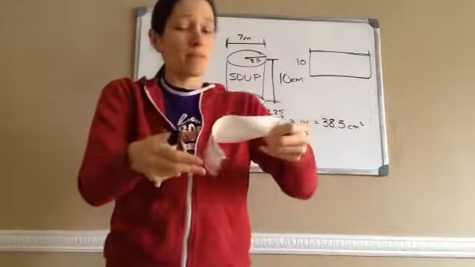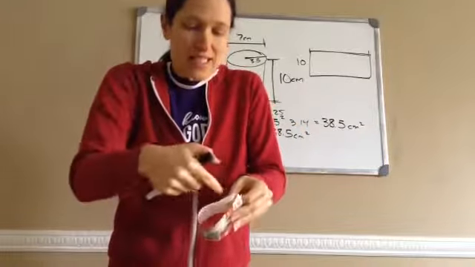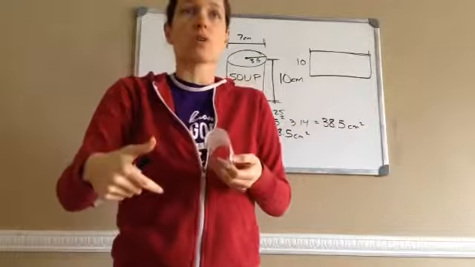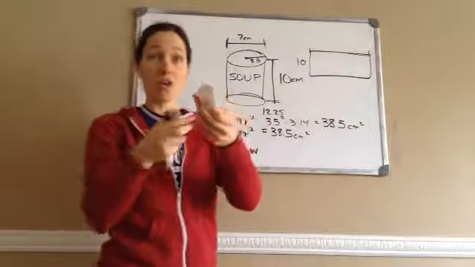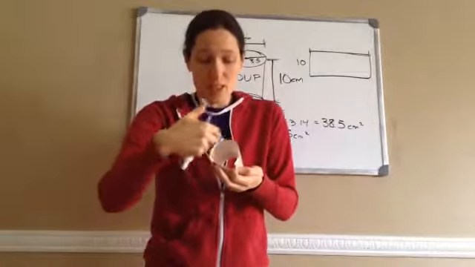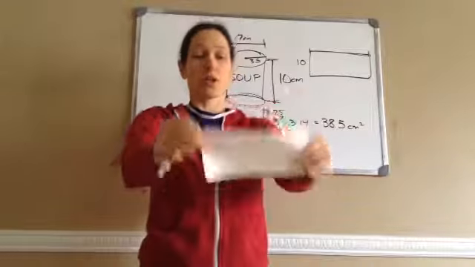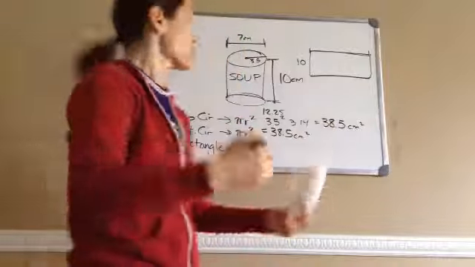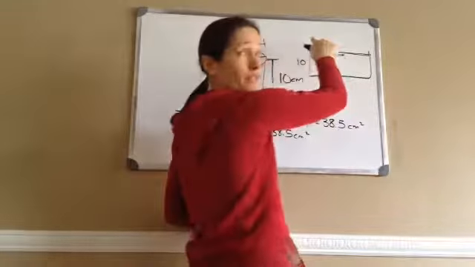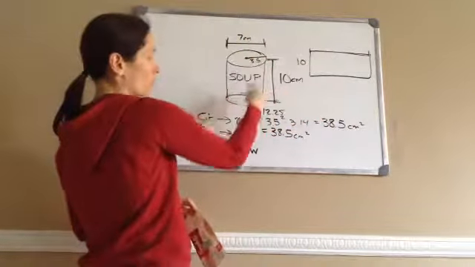Almost. Stay with me. What is the distance around a circle called? Circumference. So if the circumference is the distance around, when I extend it, is it the same distance? Yeah. So we have to find the circumference of this circle, this top circle or bottom, whichever.